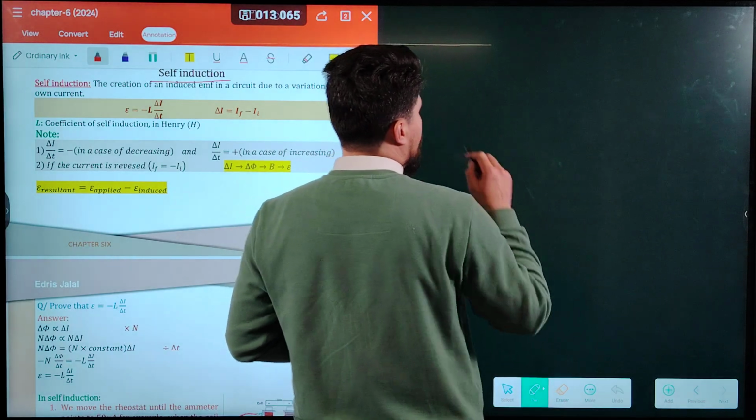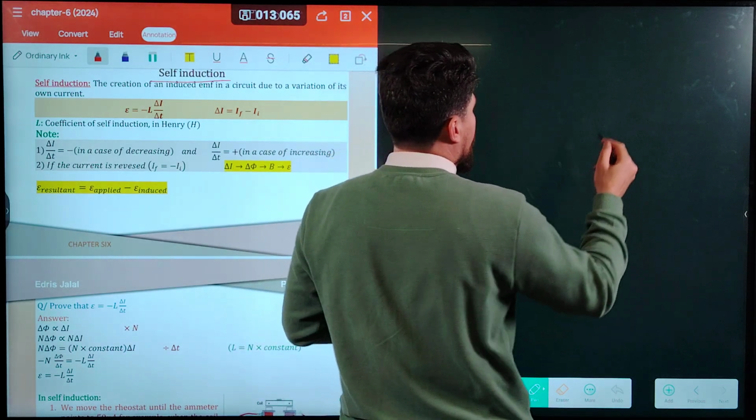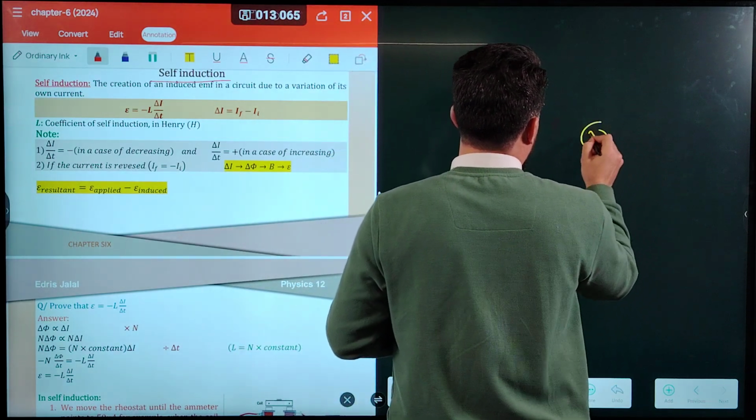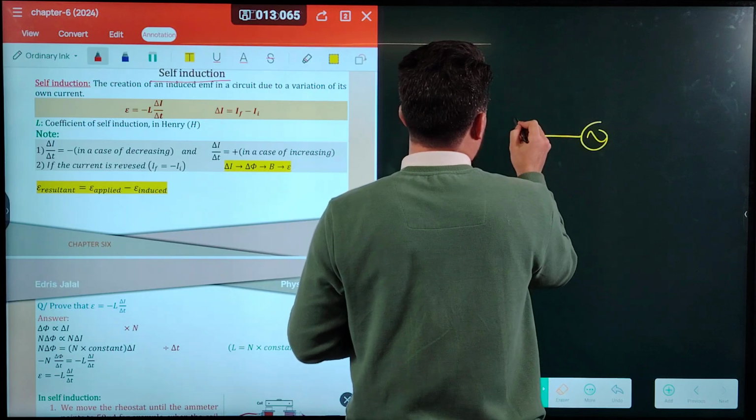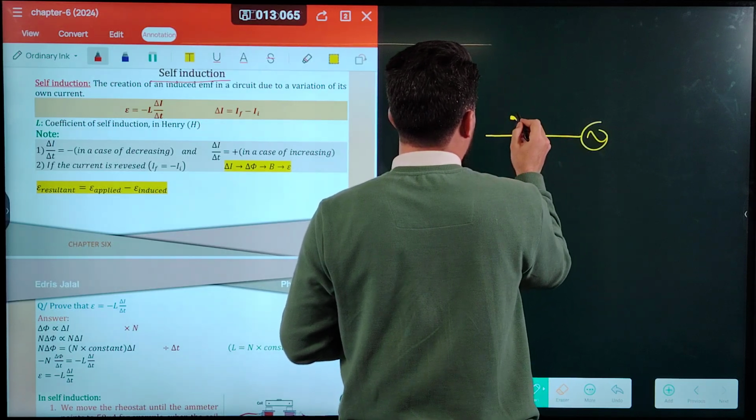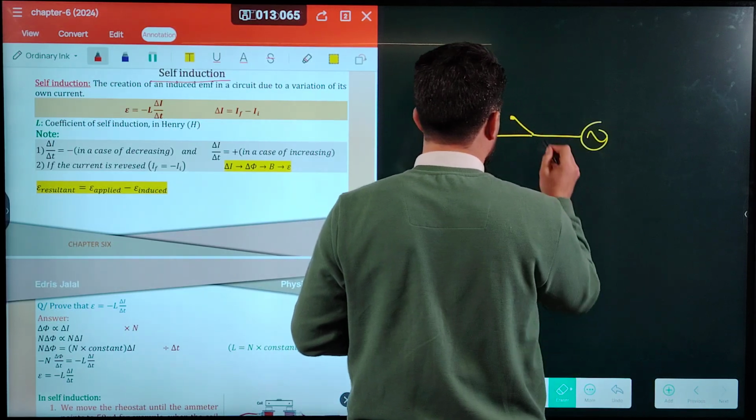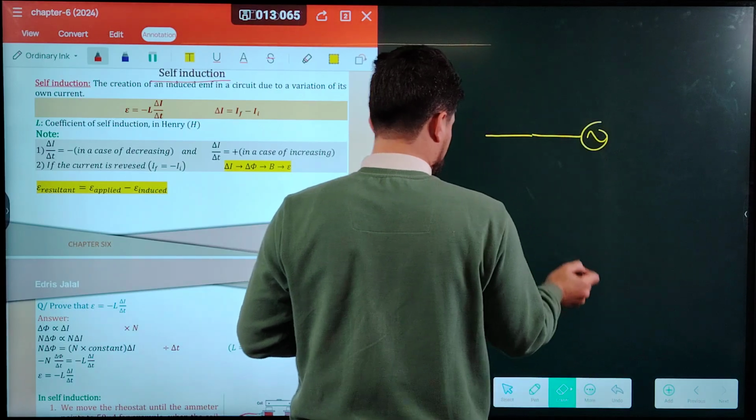In the second case, when the current increases, for example, here the switch is closed.